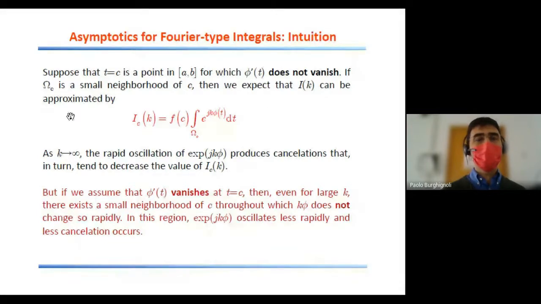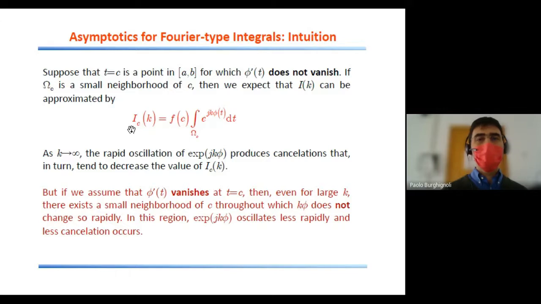Now, if omega C is a small neighborhood of this point, then we could expect to approximate our generalized Fourier integral by approximating the function f with its value at the point C, and this means putting this constant value f of C outside the integral, and then limiting ourselves to integrating the exponential in this neighborhood omega C. Now, however, as k tends to infinity, this kind of exponential oscillates rapidly, and this produces cancellations that tend to decrease the value of this kind of integral I sub C.